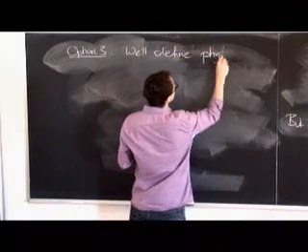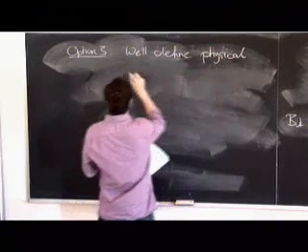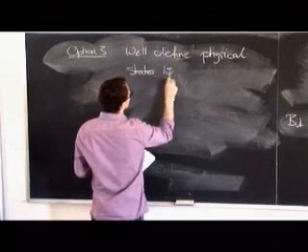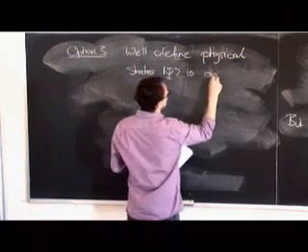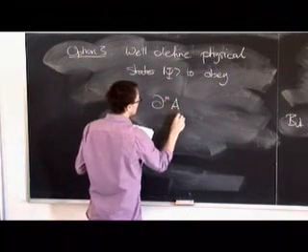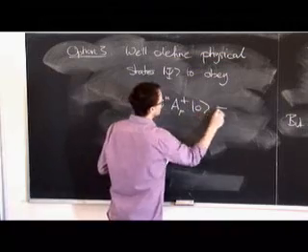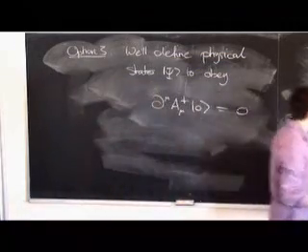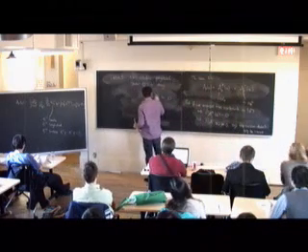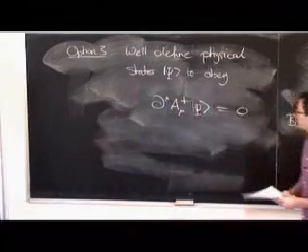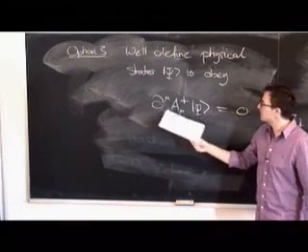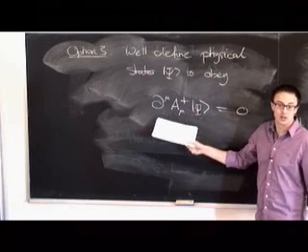We'll define the physical states within our Hilbert space to be those that obey the Lorentz condition, but not the full Lorentz condition, just this positive frequency part, just the part with the annihilation operators.